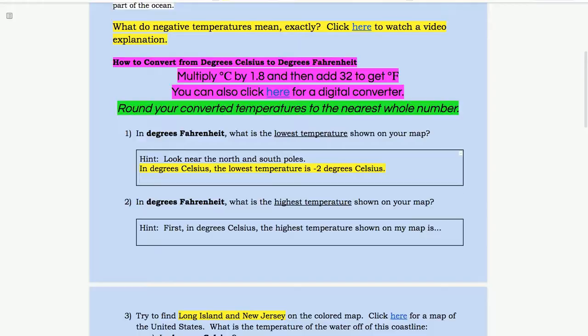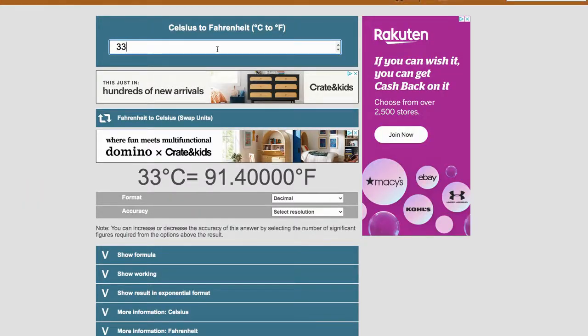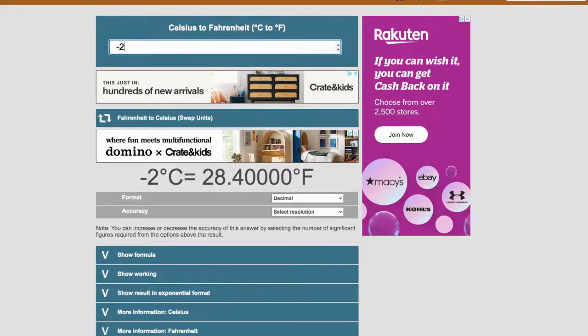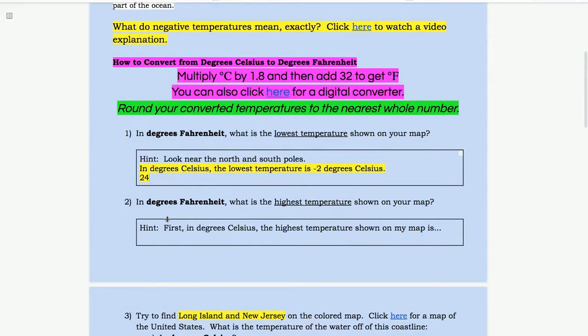So I'm going to take my temperature converter and I will type in -2, and that is equivalent to 28.4 degrees Fahrenheit, and I'll round that to the nearest whole temperature, so that's 28 degrees Fahrenheit.